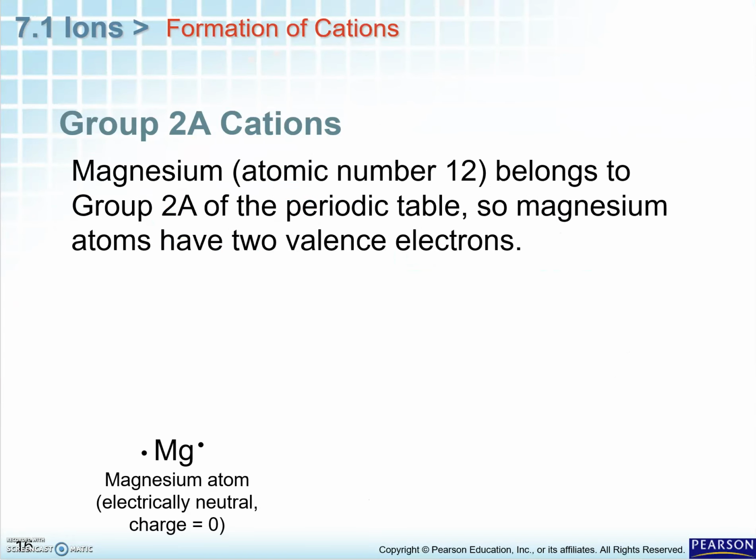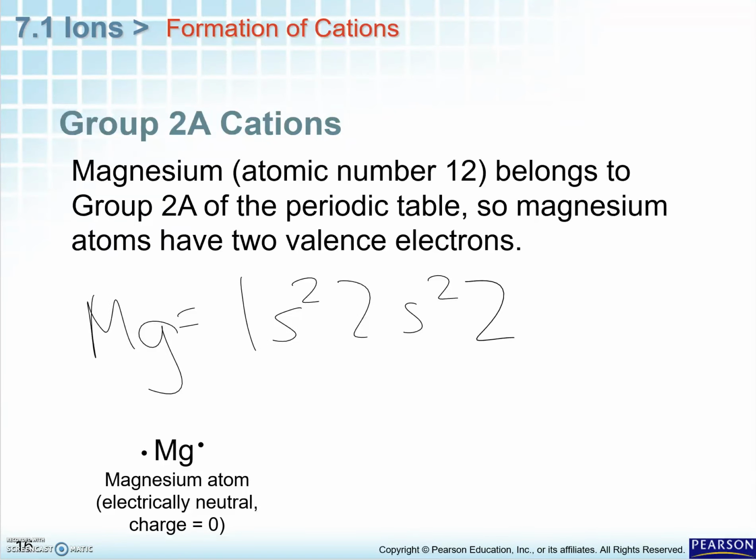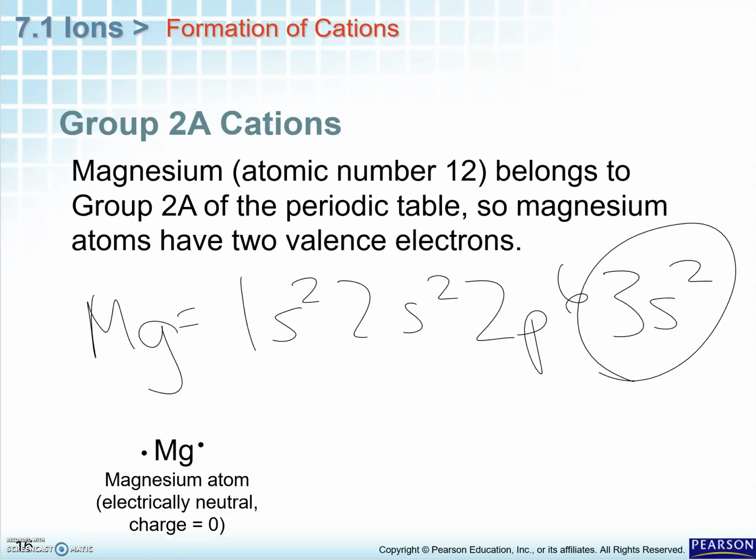Magnesium's electron configuration is 1s2, 2s2, 2p6, 3s2. So we can either gain 6 more electrons or simply lose 2. Remember, we like to be lazy, so let's lose those outer 2 electrons to give us the electron configuration of neon once again.